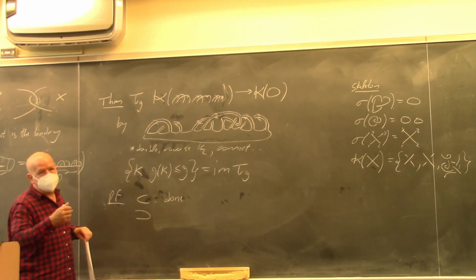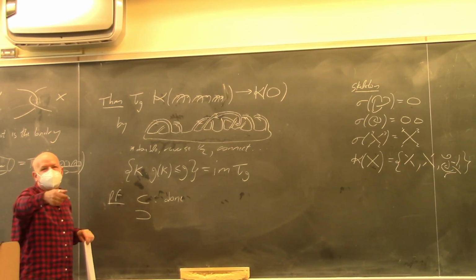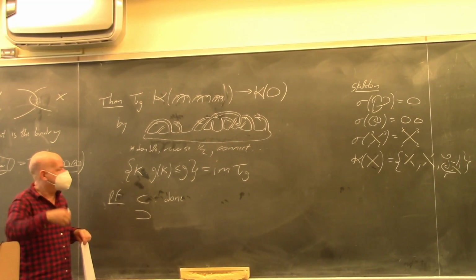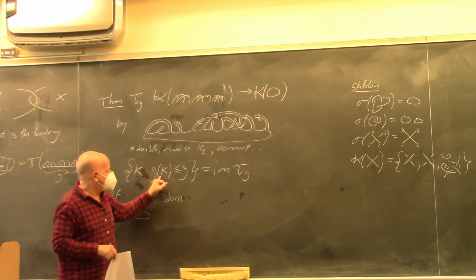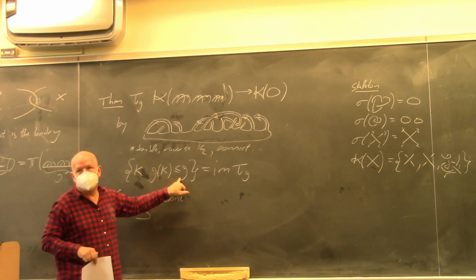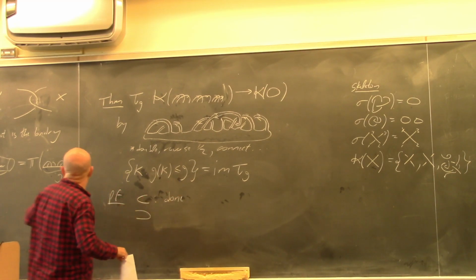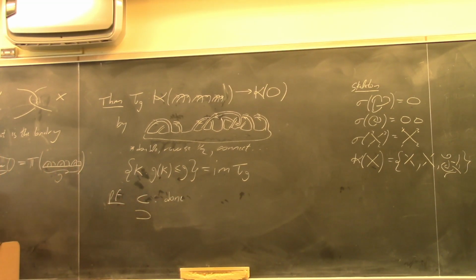So I can do it more abstractly and a bit less abstractly. So let's do it slightly more abstractly first. So suppose you have a knot of genus G. It's a knot of genus G, therefore it's the boundary of an embedded thing like this. Right?